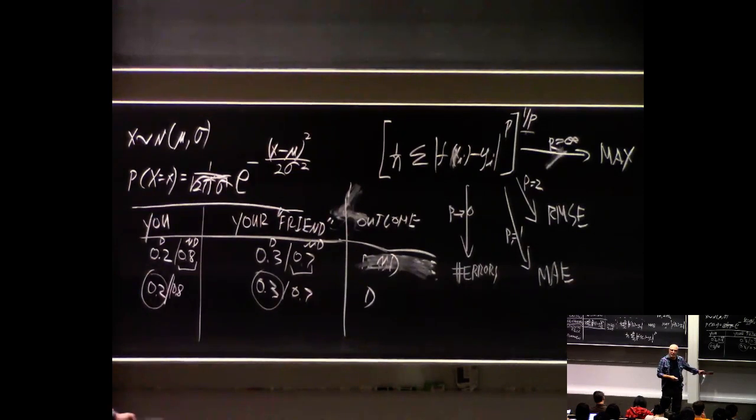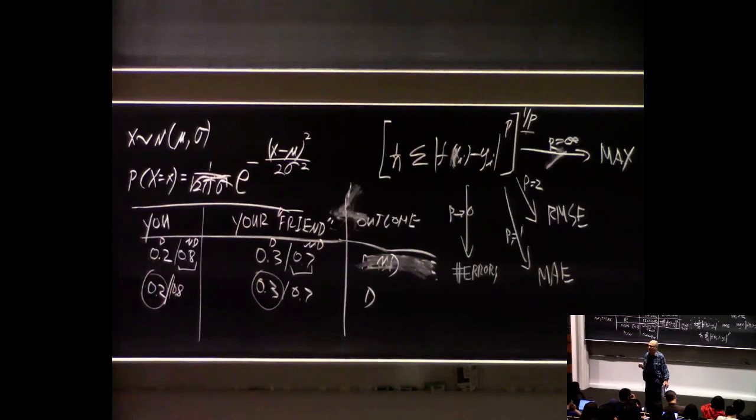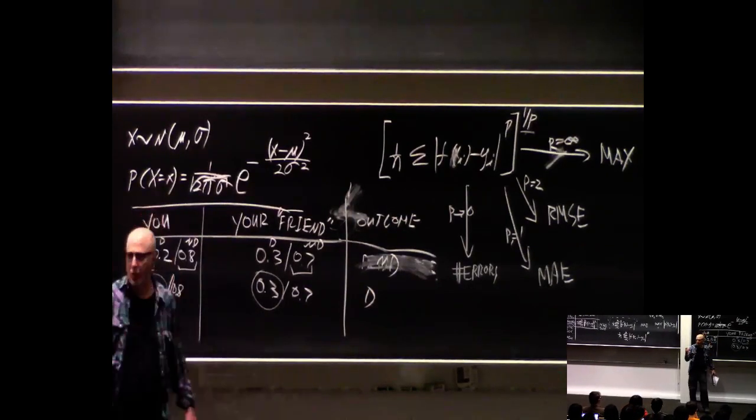Now suppose both of these things happened. There were two cases and we are being judged by our supervisor. Which one is better? Are they the same? The 0.1 difference, one's this way, one's that way? Relative error. How do you define relative error? 0.3 minus 0.2 over 0.2, or 3.